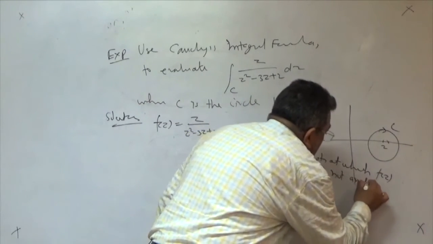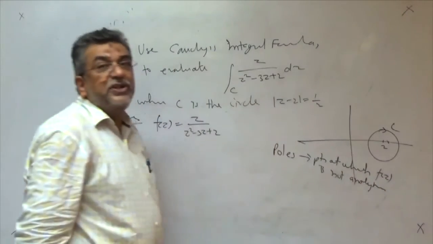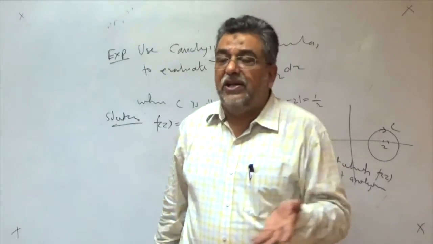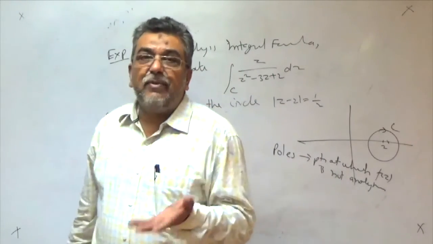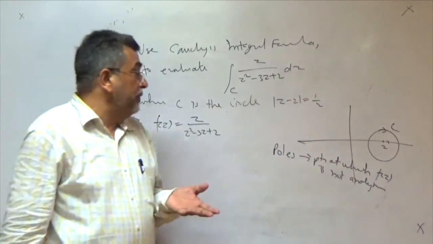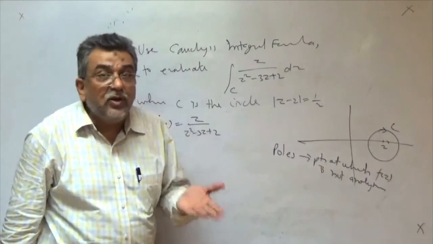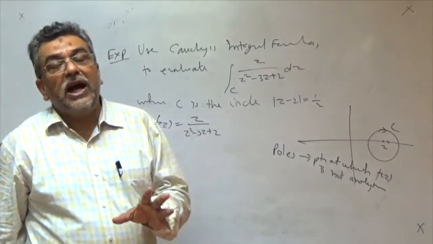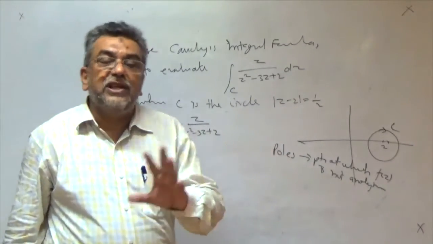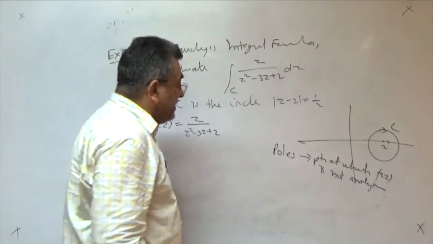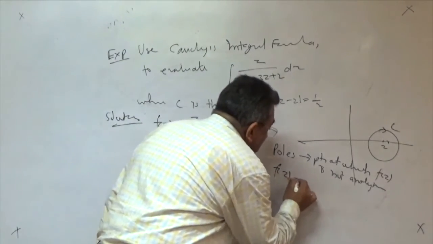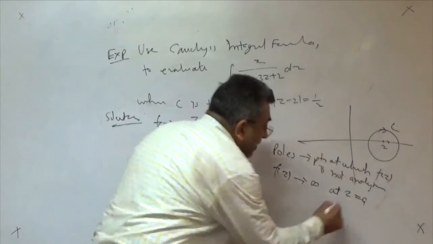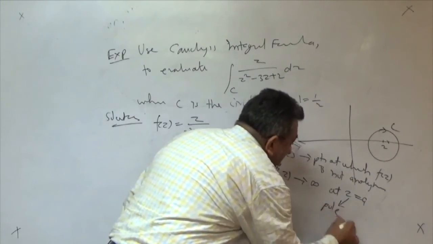This is another name for singularity. I told you in the introduction of the lecture, when I discussed analytic functions, that a point at which a function is not analytic is called a singular point, or singularity of the function. A pole is a type of singularity. Pole means f(z) tends to infinity at z equal to a.